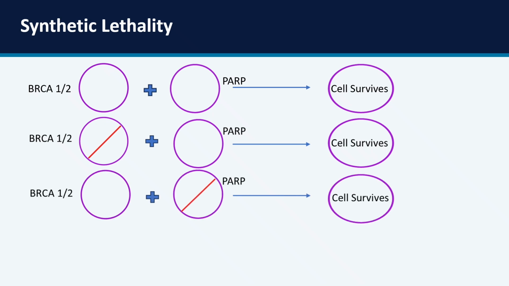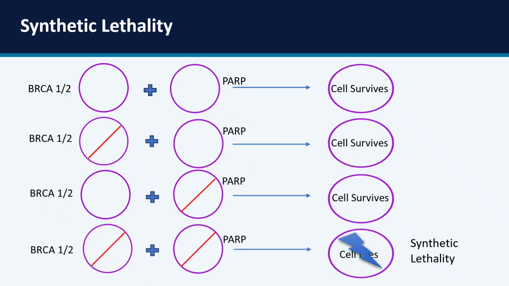There is BRCA, but we have given PARP inhibitors: the cell will survive. But when the tumor cell is BRCA deficient and we have given PARP inhibitors, that will bring about cell death through synthetic lethality.